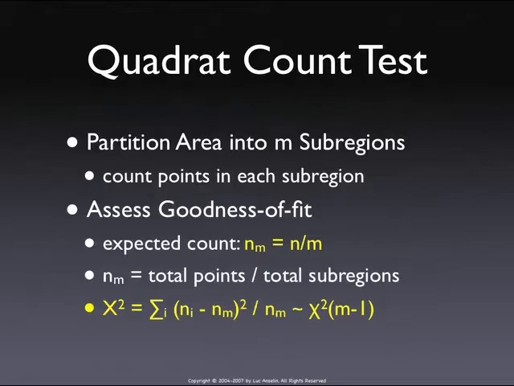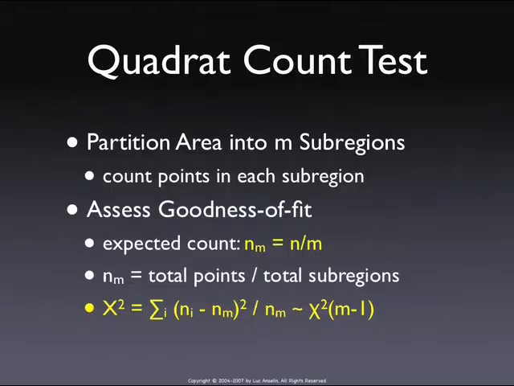So on average, if we have m subregions or squares and n total events in the point pattern, so we had 100 events, 25 subregions, each subregion on average should have 4 events. So in this case, the mean of n should be 4.